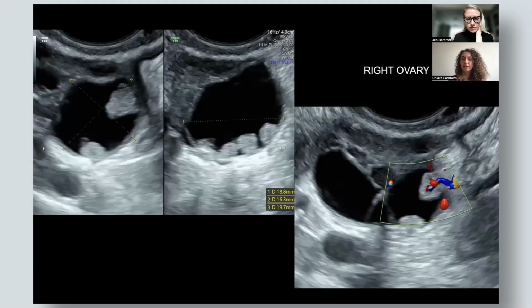So in this lady, we found 2 cysts, one in the right ovary, here you can see it, and one in the left ovary. Now, focus first on the right ovarian cyst. You can see that there are some complete septa. You can see that there are some solid components. They are protruding into the cyst cavity, so they are papillations. We know it because we measure it, and they had a height of at least 3 millimeters.